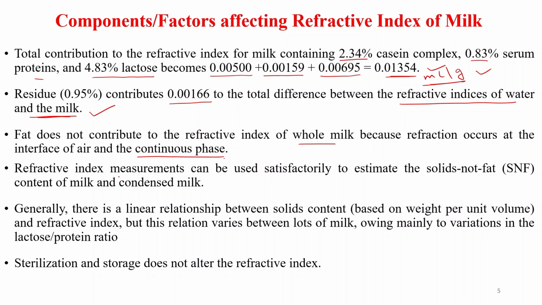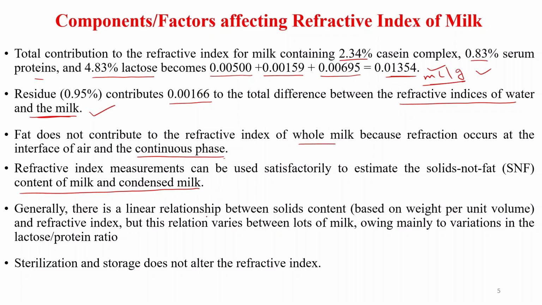Now, refractive index measurements can be used satisfactorily to estimate the SNF content of milk and condensed milk. If we increase the SNF content, the refractive index increases, and the relationship is generally linear. By establishing the correlation between the two, we can determine the SNF content of the milk and the condensed milk.